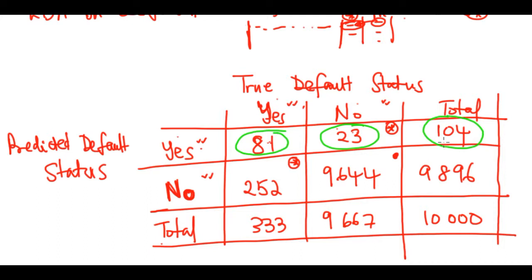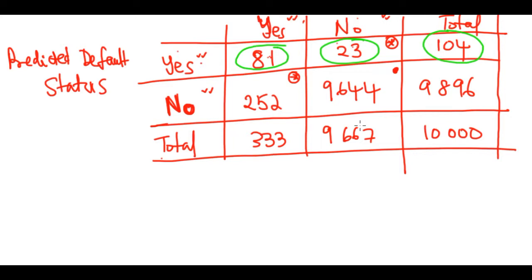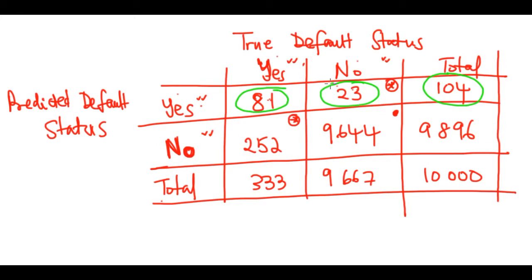And then we go a step further. For those people that we predicted are going to default, how many actually defaulted in our training data set? 81 did, and 23 did not, right? So in our training data set, here we're saying 23.